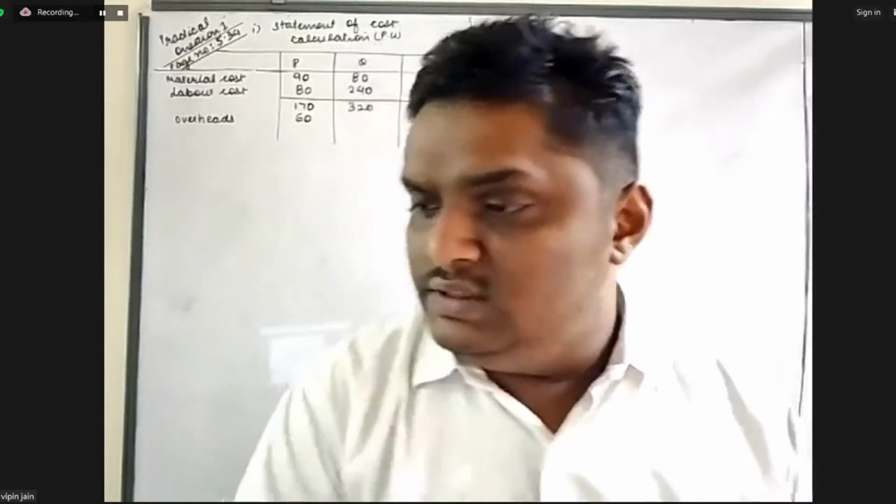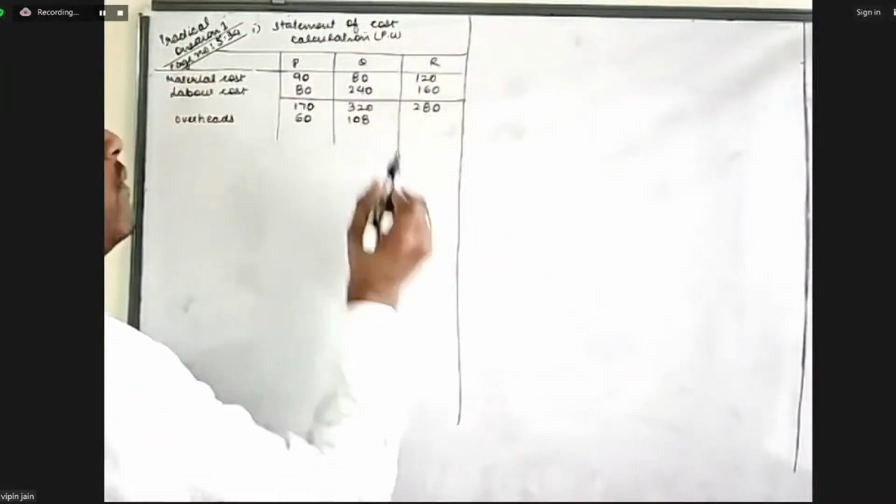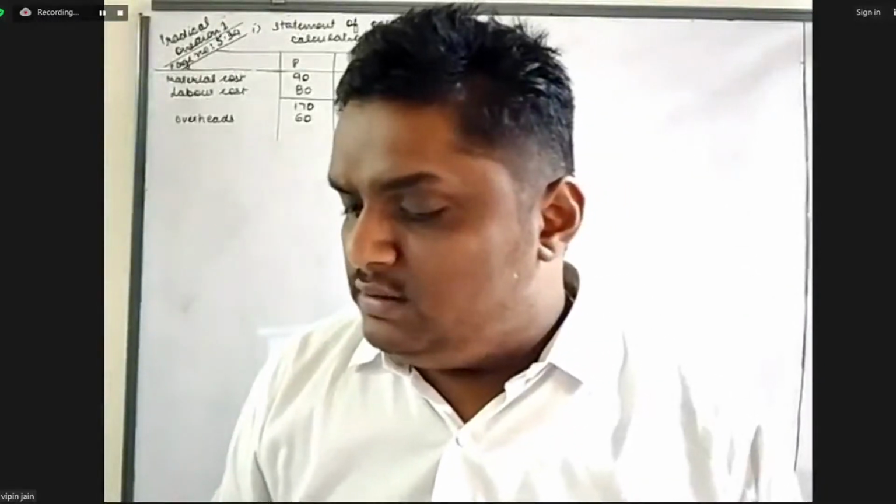So the machine hour rate is rupees 6 per hour. So 6 into 10, that is 60. 18 into 6, this will be 108. And 14 into 6, so this will be 84.